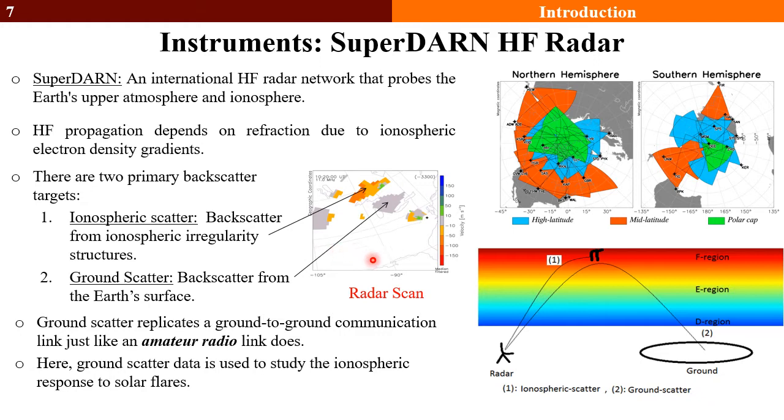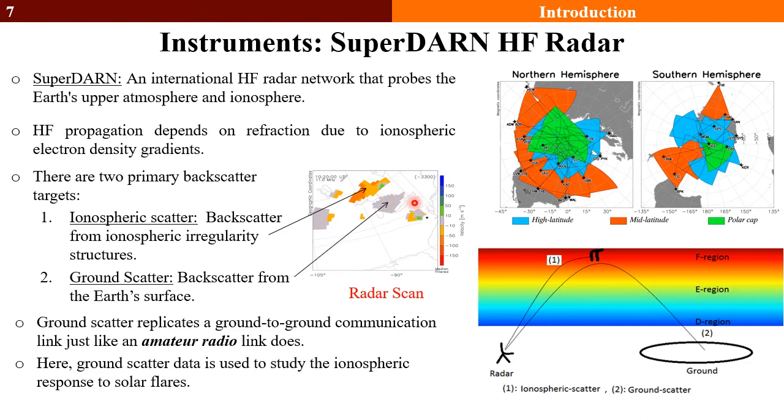In this particular plot, if you look carefully, the radar scan shows two different types of band. One is colored gray, and another is color coded by the color bar on the right hand side. This shows a particular radar scan, and this gray patch is the ground scatter, while this colored patch is the ionospheric scatter.